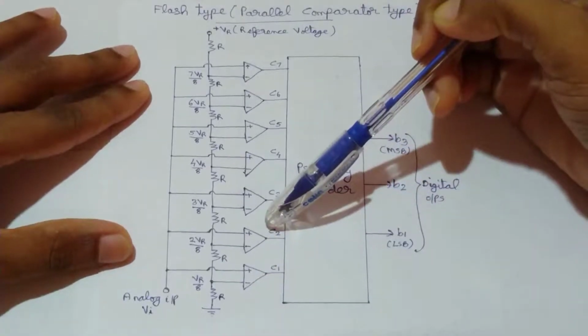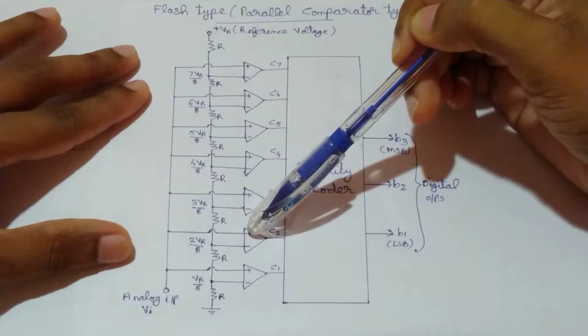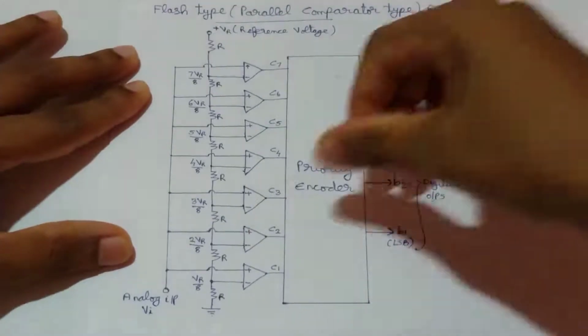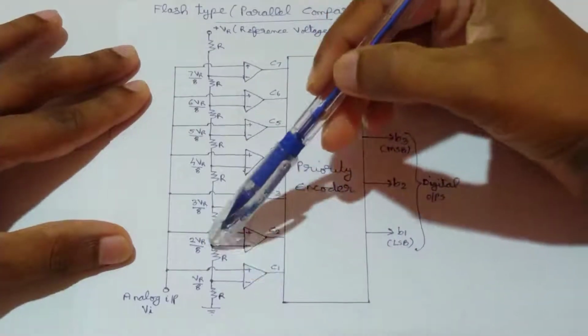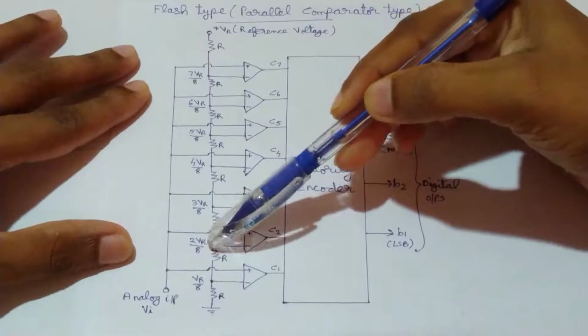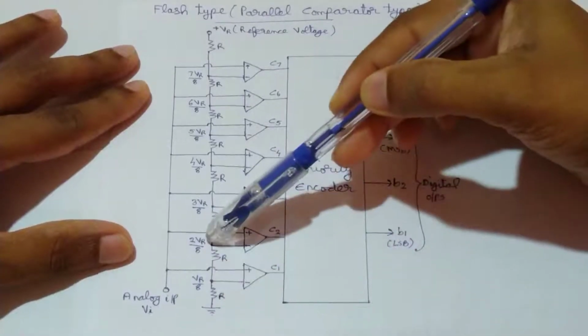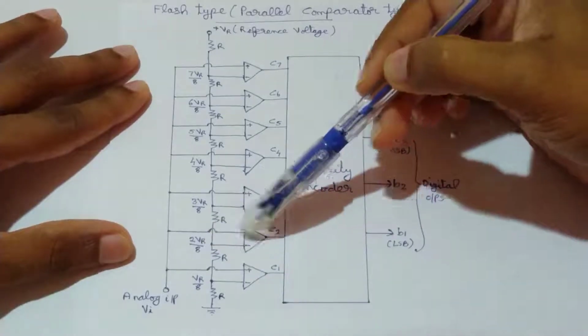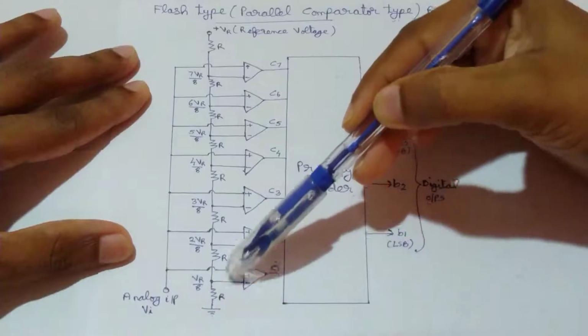Now consider the second comparator. When we consider the second comparator, the voltage at the inverting terminal is the voltage between this point and ground. Between this point and ground we have these two resistors. So between the inverting terminal of the second comparator and ground, the total resistance is 2R.